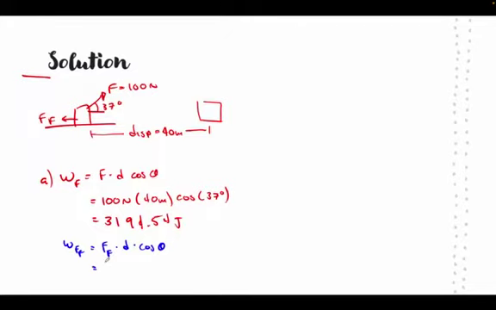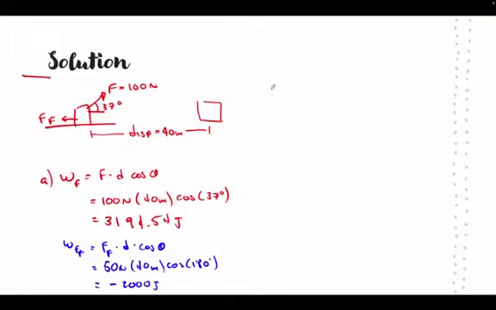Friction is 50 newtons. The displacement is still 40 meters, but the angle between friction and the displacement is 180. So since friction acts in the opposite direction of the displacement, then this is going to be negative, right? And this is going to be negative 2000 joules.